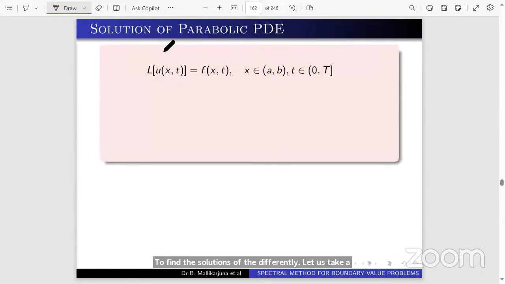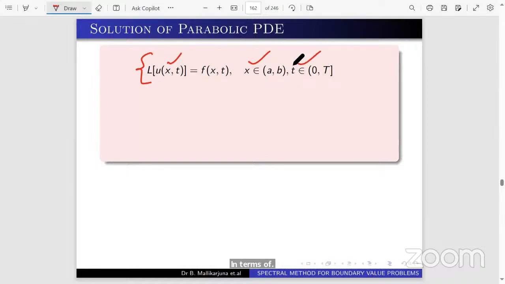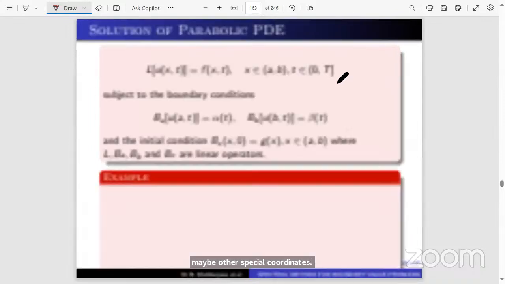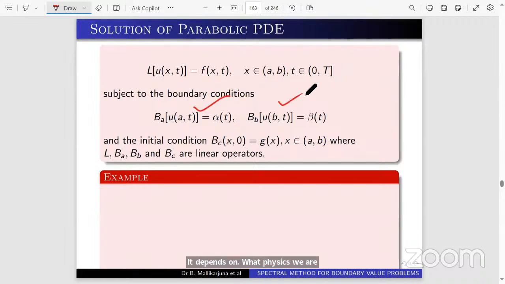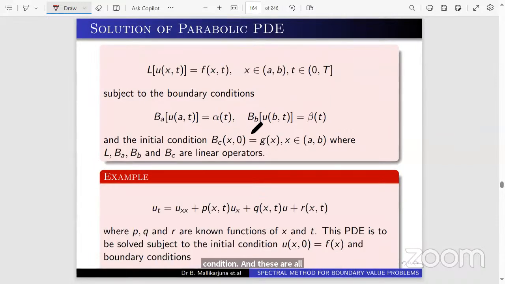It is a partial differential equation operator in terms of x and t, where t is time or maybe other spatial coordinates. It depends on what physics we are considering here. Now these are the conditions. And the initial condition when t is equal to 0, we are taking as the initial condition, and these are all we are treating as boundary conditions.